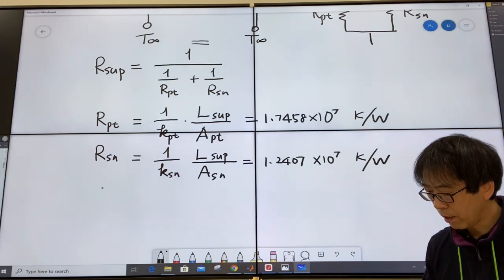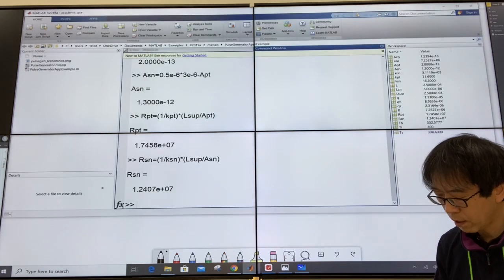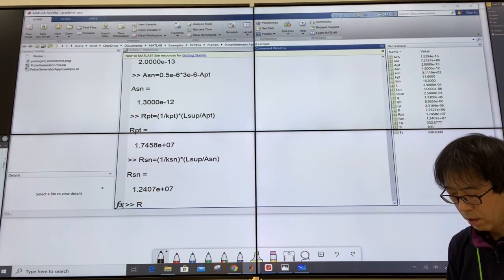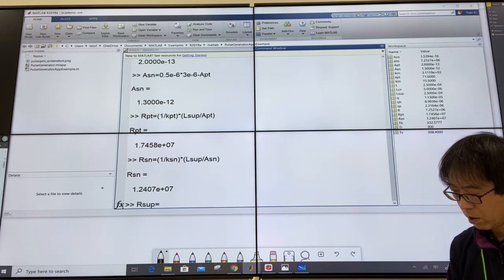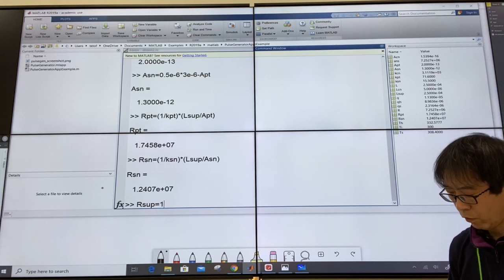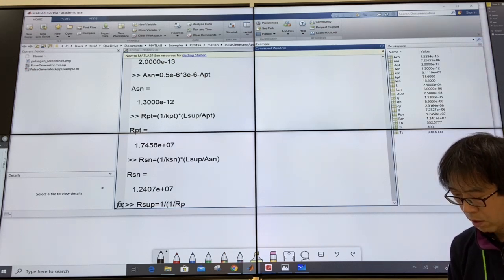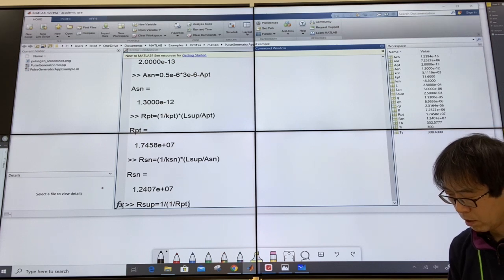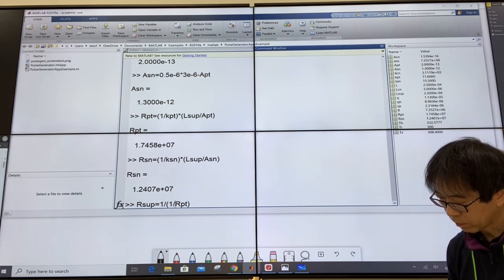Well, you can calculate it. R support will be 1 over 1 over R_Pt, right? Be careful.